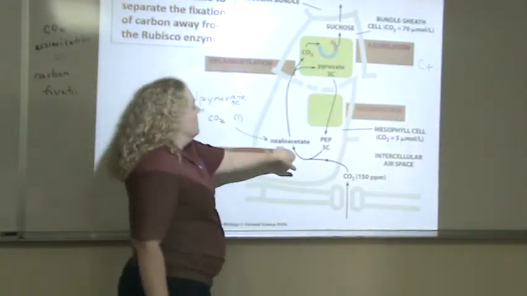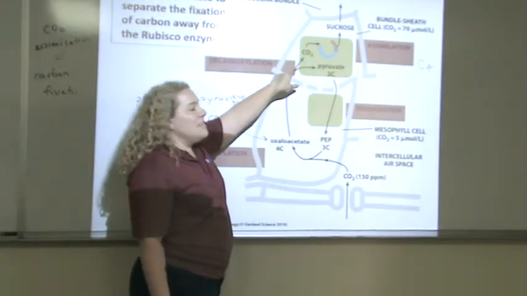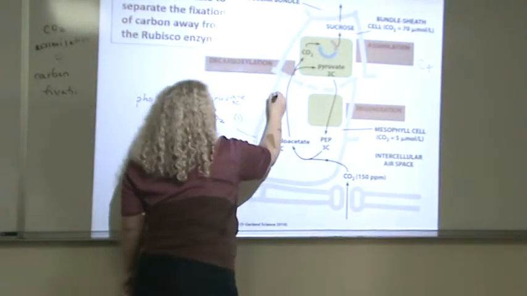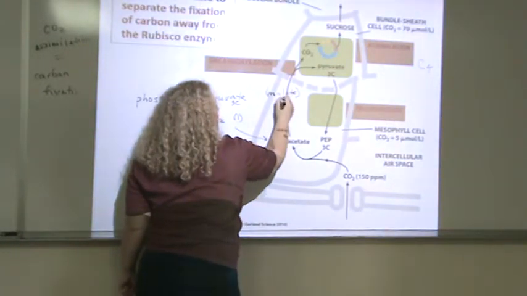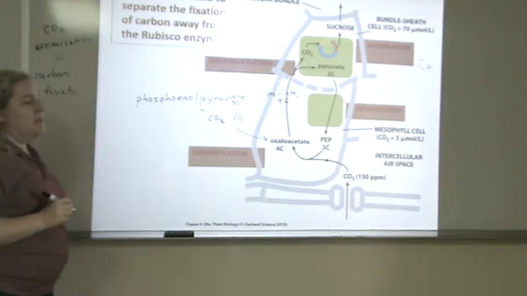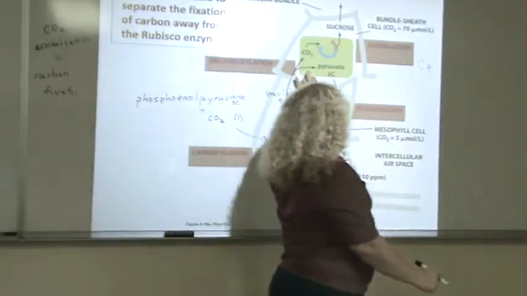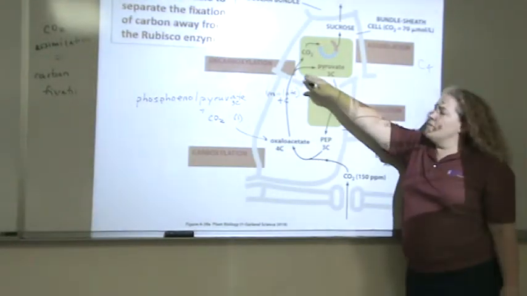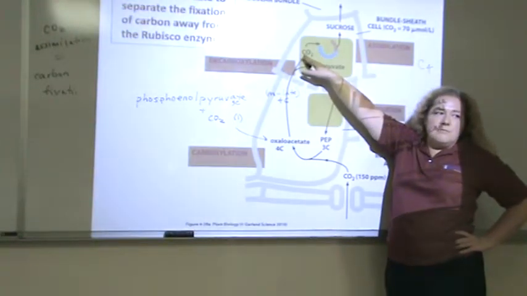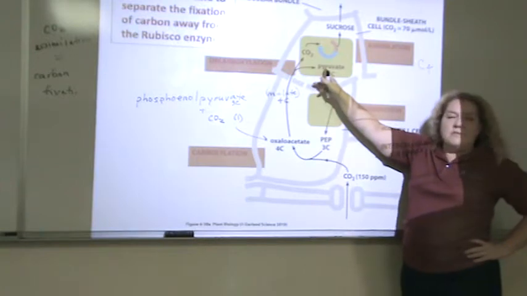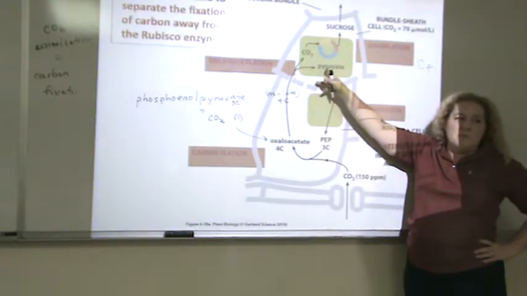But oxaloacetate, or in some cases malate, which is also a 4-carbon molecule, can fit through the plasmodesmata, and when it arrives in the bundle sheath cells, it drops off CO2 and reconverts into pyruvate, which is a 3-carbon.